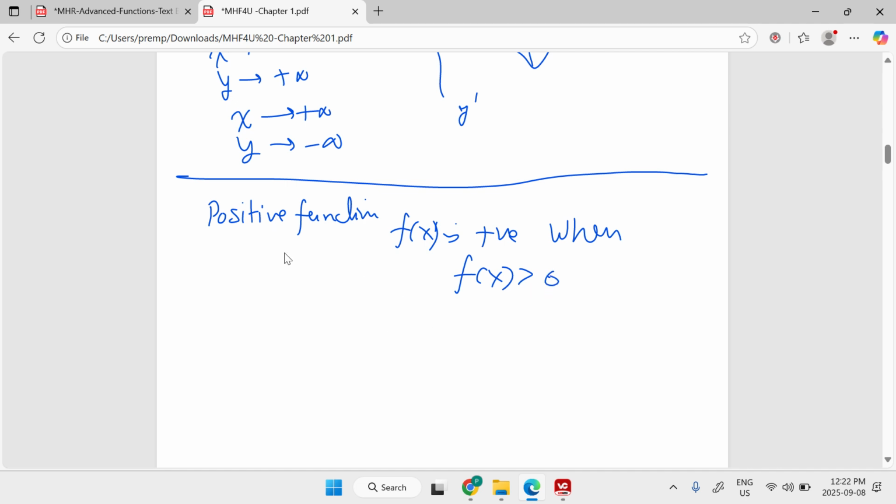Okay, so we have to figure out when this function is positive, and similarly it is a negative function when f(x) is less than 0.